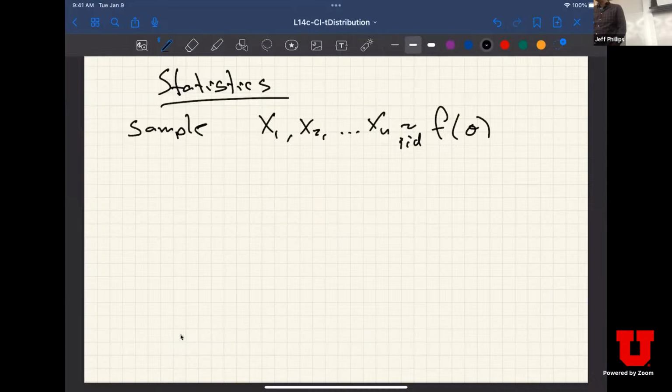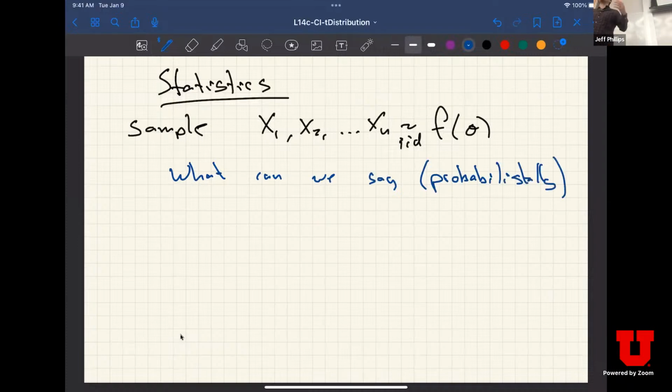So the question is, what can we say, probabilistically, because we're going to use probability, about theta?